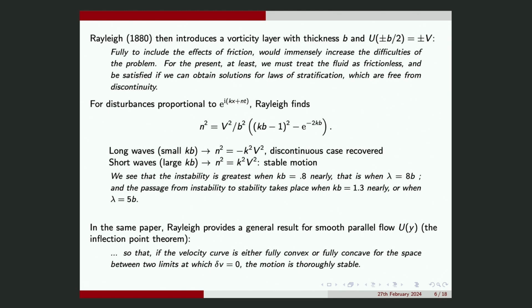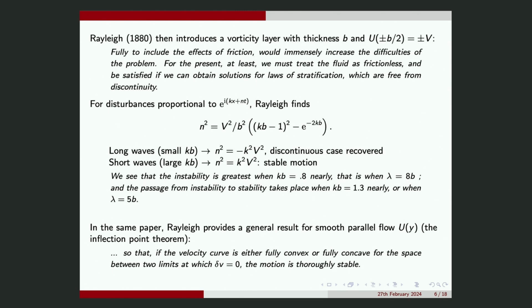Rayleigh shows that in this case we obtain a dispersion relation which relates the frequency of the waves to the wave number. For long waves, that is small k, with wavelength long compared to the thickness b of the vorticity layer, we recover the discontinuous case. But for short waves, n squared is positive; that is, we have only waves propagating at the interface without any instability.